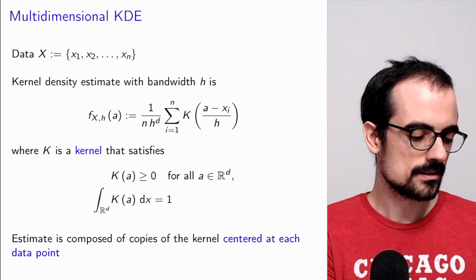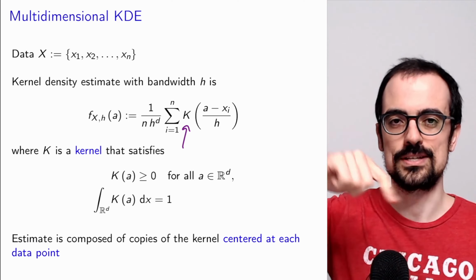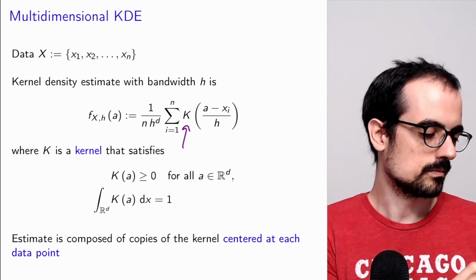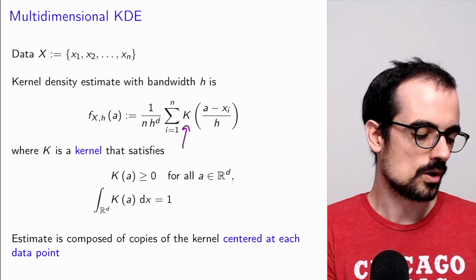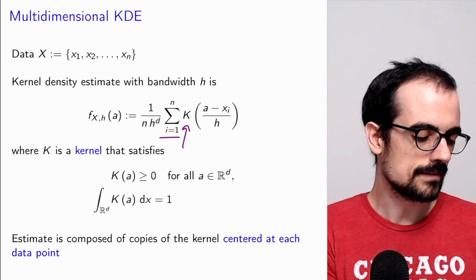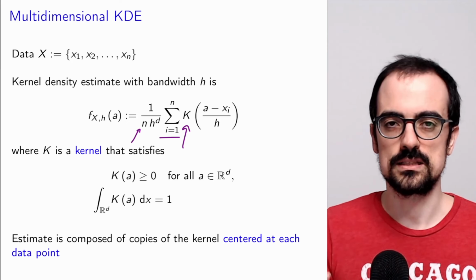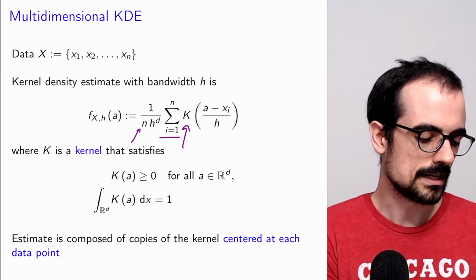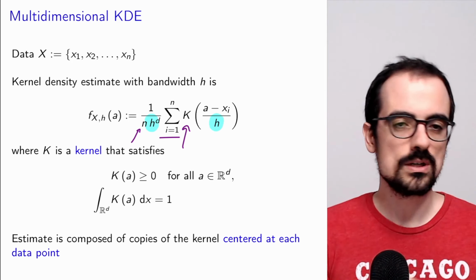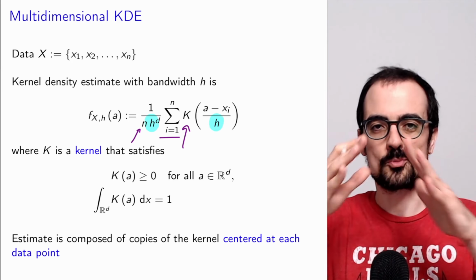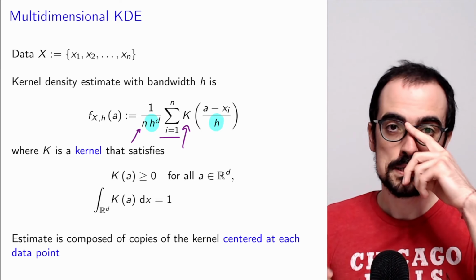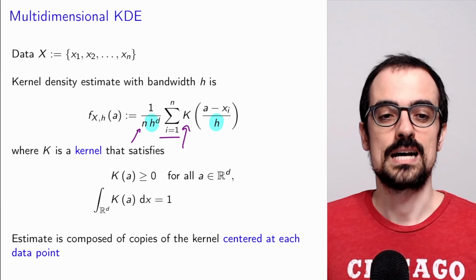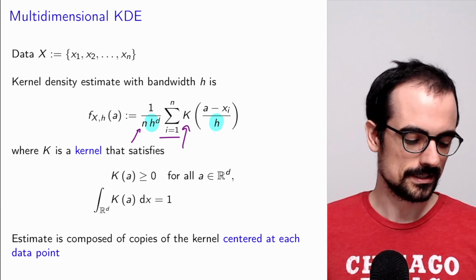This K is the function that tells us how these mountains look. Something important to point out, and realize that we're adding it over all of the data points, dividing by the number of data points so that it integrates to 1. Something to realize is that there's this parameter h, which is going to govern how spread out these mountains are. And depending on the amount of data, that is really going to affect our estimate of the joint density.